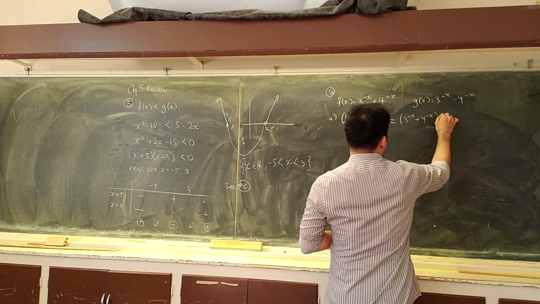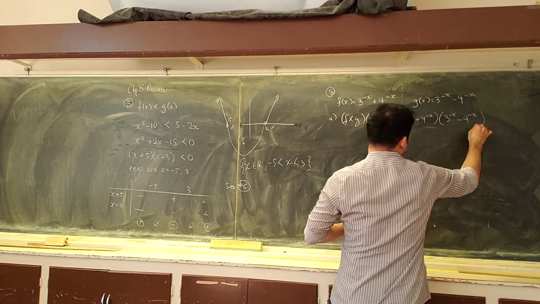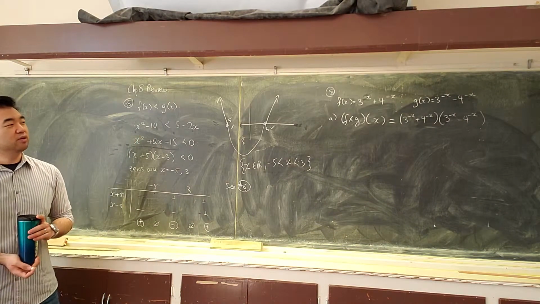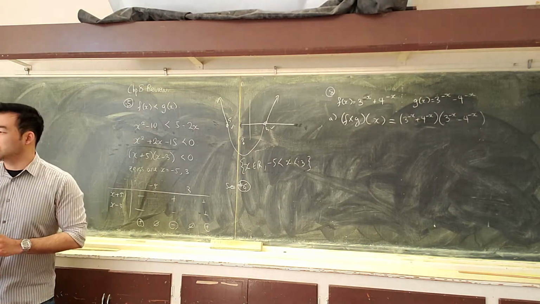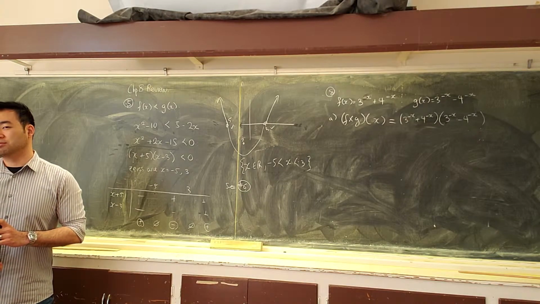And considering it's a binomial that has the same terms except the addition and subtraction is different, I'm hoping people sort of see the shortcut. The difference of squares.